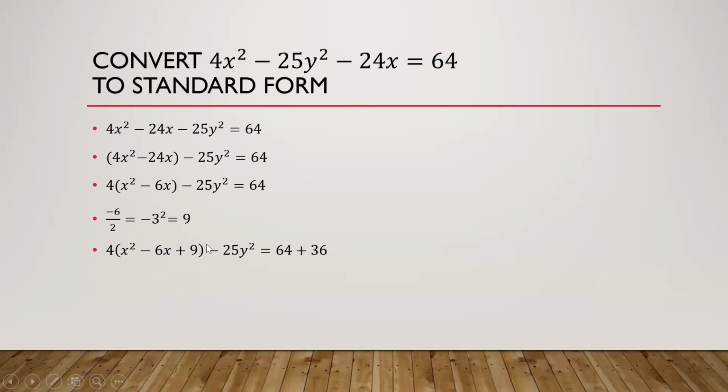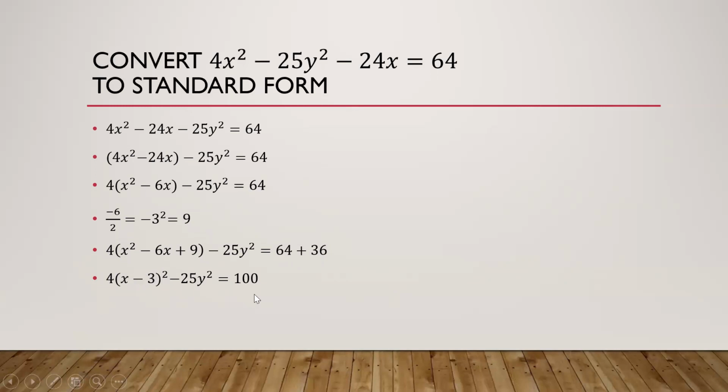After that, we add here plus 9, and we add here plus 36 because 4 times 9 is 36. We compute that and simplify to get this. From perfect square trinomial, we make it a square of binomial.